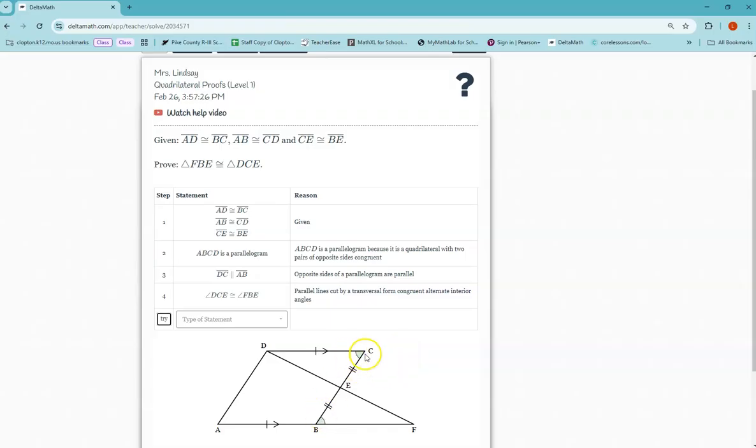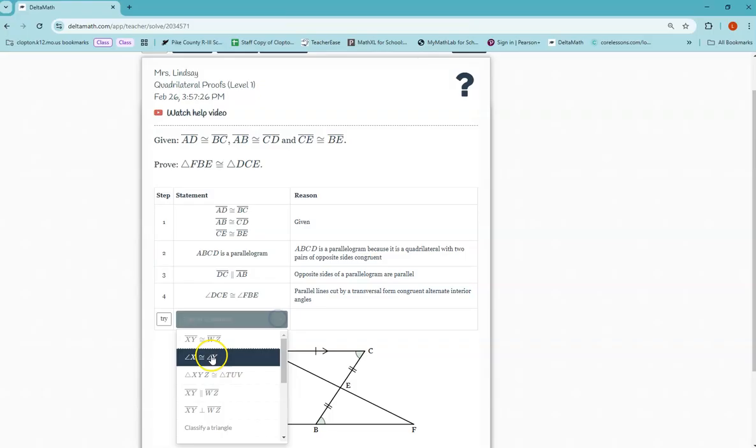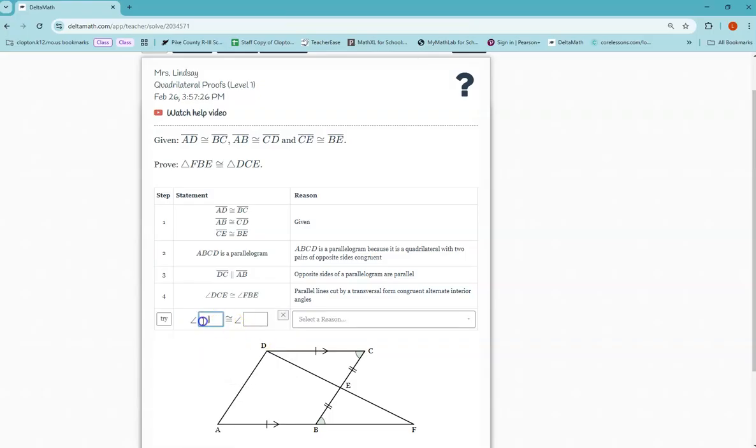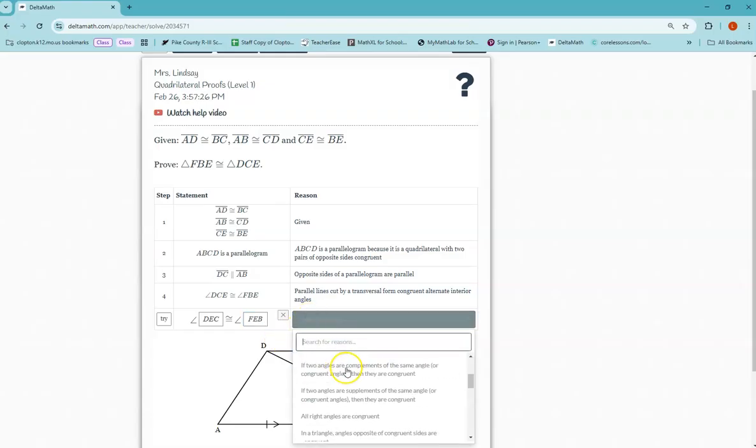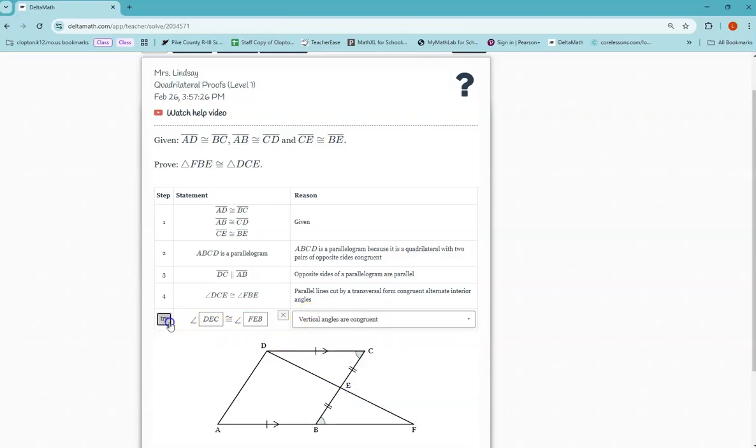Okay, so we have a side and an angle. We also have vertical angles here. So vertical angles are congruent. Let's talk about those two. So we can have angle, side, angle, right? Okay, so angles DEC are congruent to FEB, right? Because vertical angles are congruent.